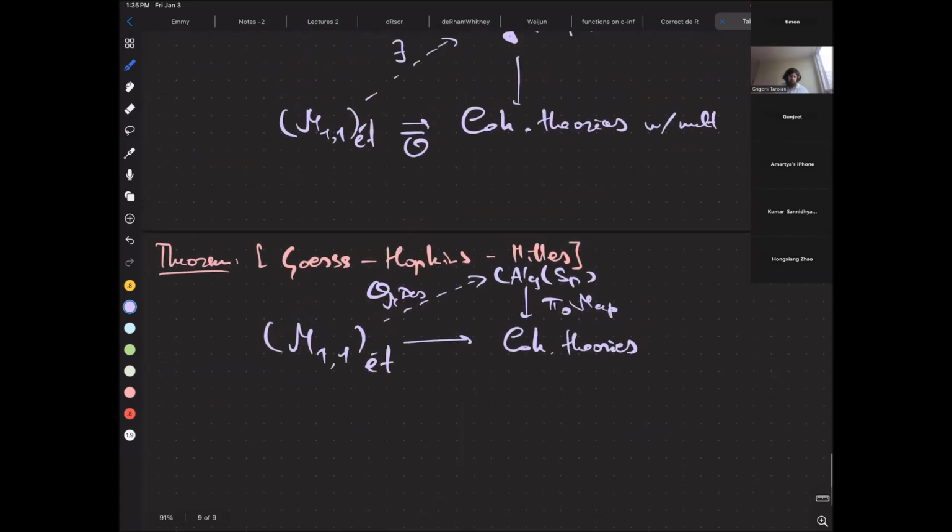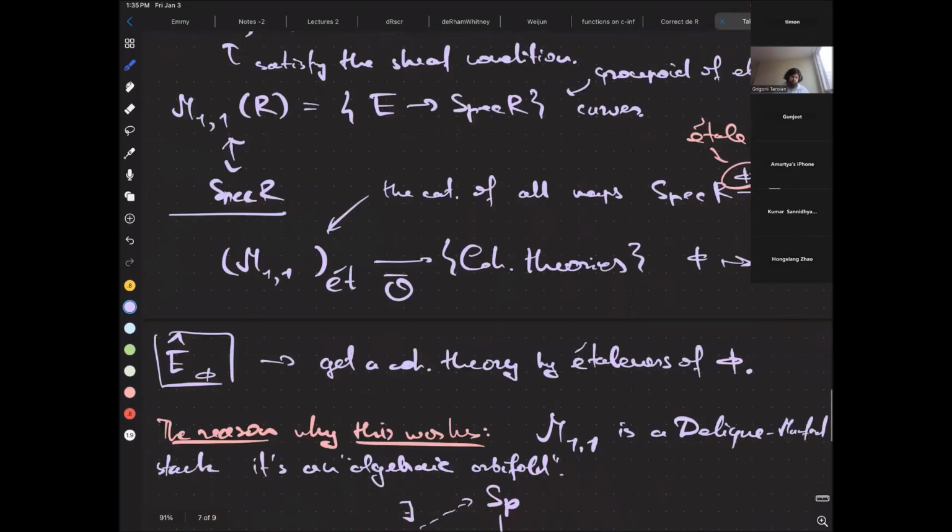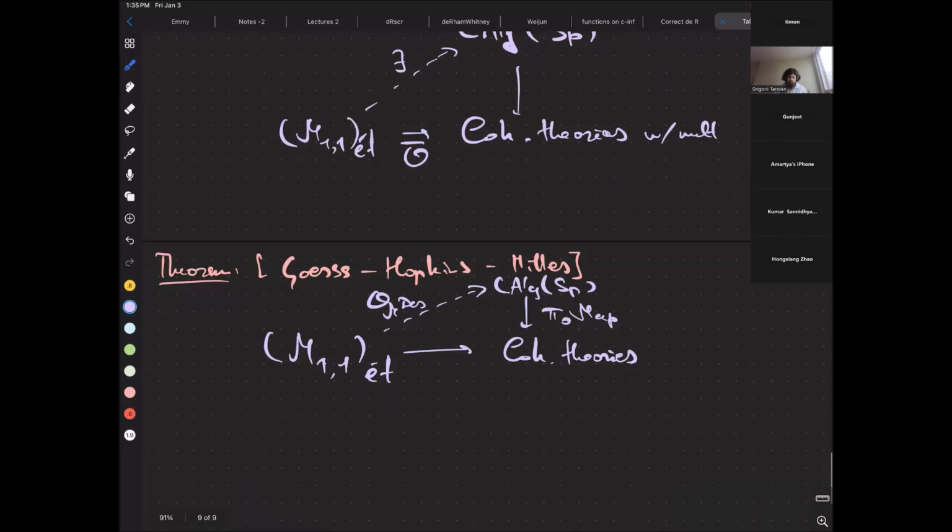So notice that before that, for say G_m and G_a, you had a certain uniqueness. In some sense, the classifying stack of all G_m's over a given ring is trivial. You have just one G_m.